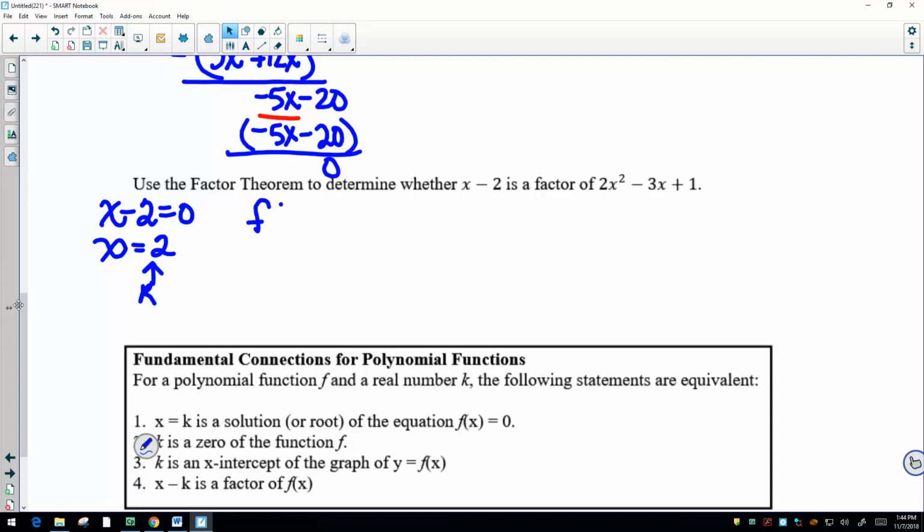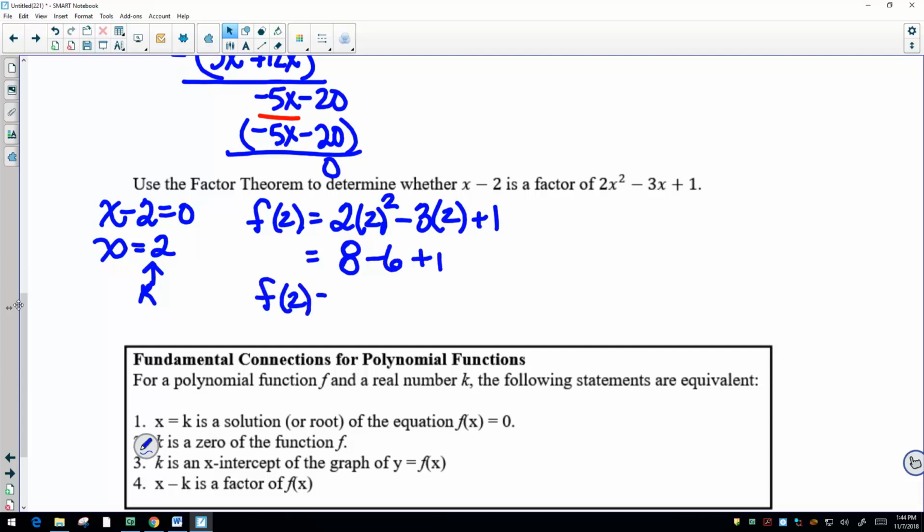Okay, so if I have f of 2, so this gets me 2 times 2 squared minus 3 times 2 plus 1. Okay, so if we simplify, 2 squared is 4 times 2, we get 8 minus 6 plus 1.